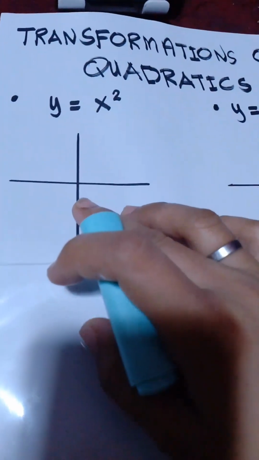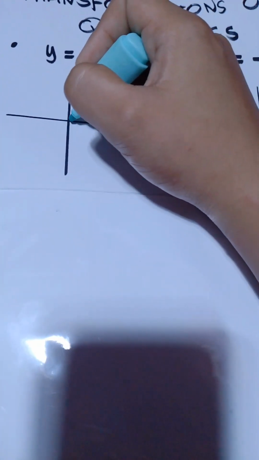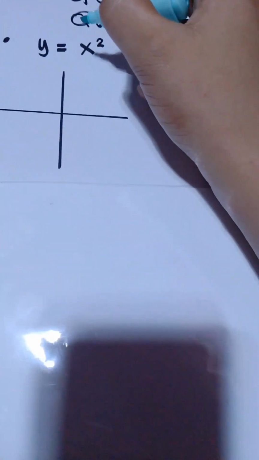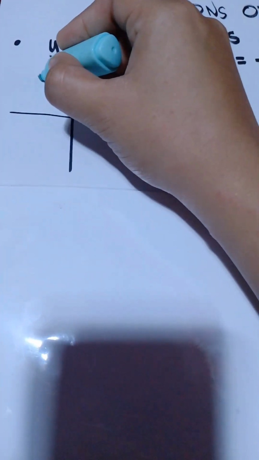For y equals x squared, the graph will look something like this. The vertex is at the origin and it opens upward.